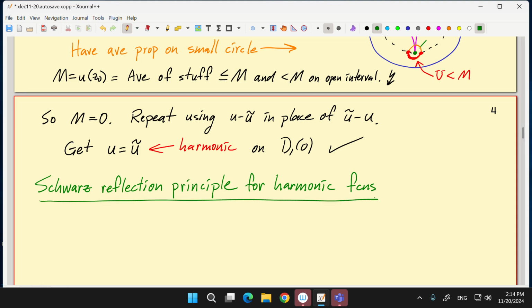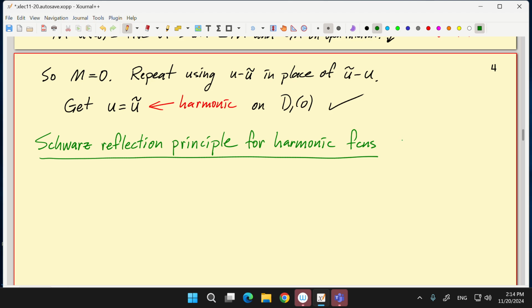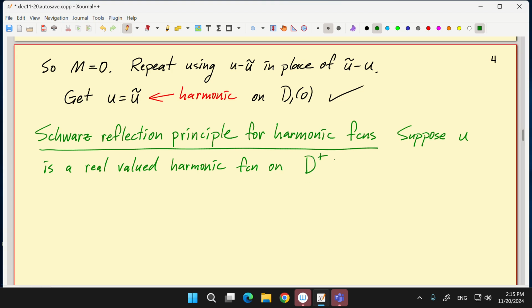So here's what it is. Let's suppose u is a real valued harmonic function on D plus. So the picture is going to be like we had when we did the analytic function.